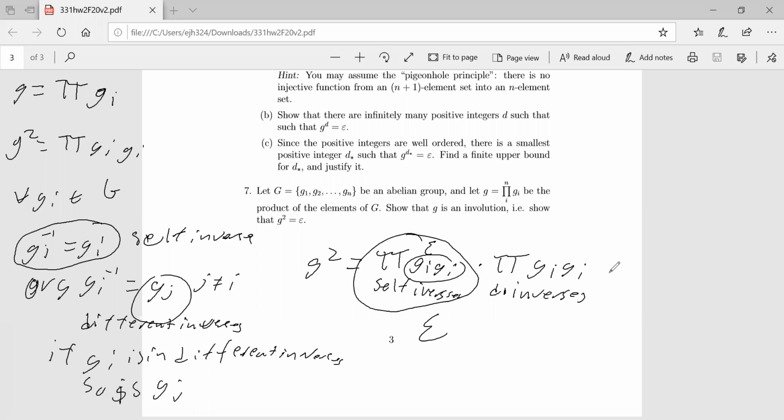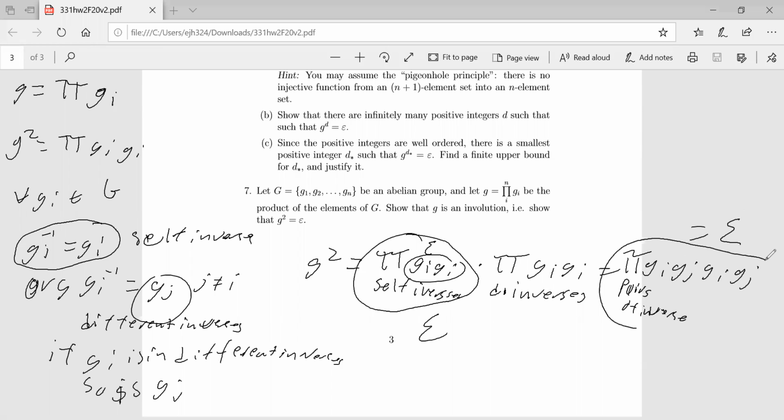So this guy right here we can rewrite as GI, GJ, GI, GJ for the product over pairs of inverses. And that is just going to be equal to the identity again. Does that make sense to people?